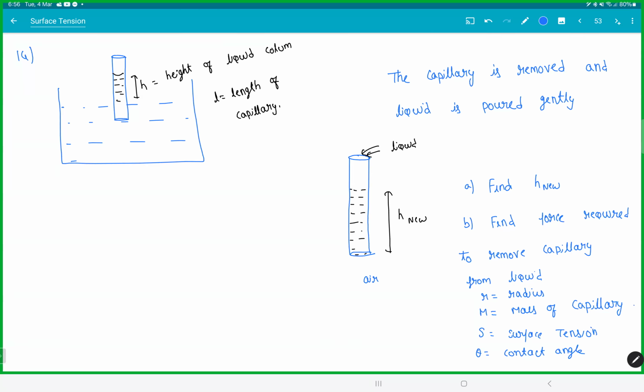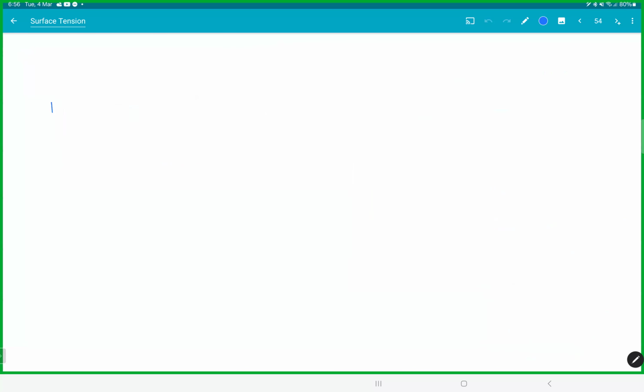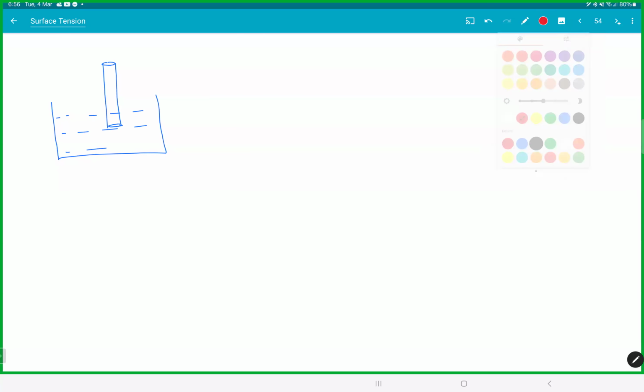When you take it out, what changes? Ask yourself, when you're inside, what was there? When the capillary was inside the liquid, the reason you went up is because of 2 pi r S cos theta. That was balancing your mg.